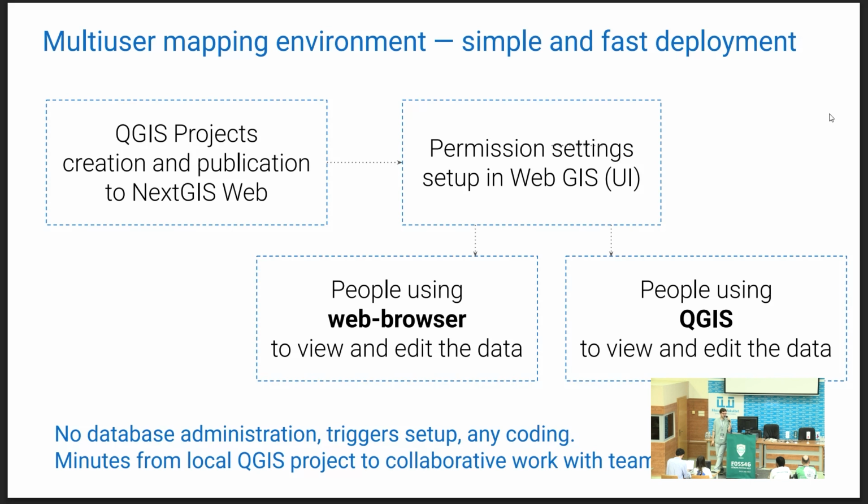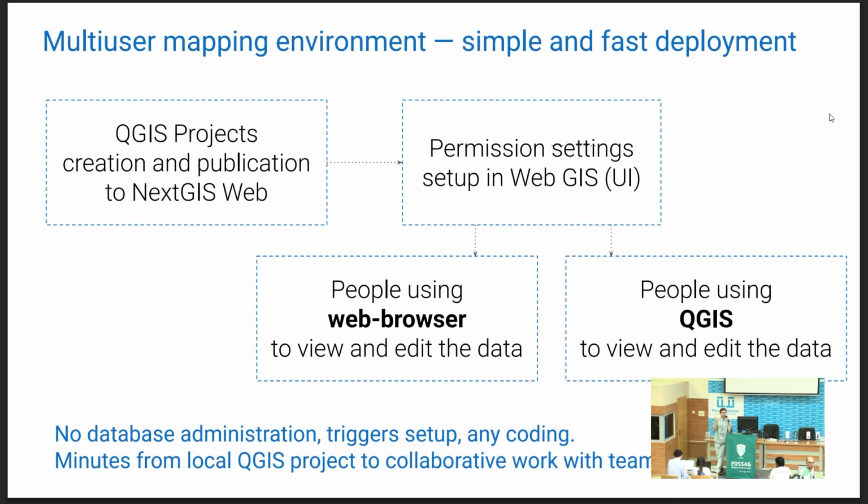So we did it in some way, and how it works now: you have a QGIS project, you simply publish it to NextGIS Web. You can go to the NextGIS Web graphical interface and set up permissions, users, all the stuff, and then people just connect to it and start using this project from web browsers and from QGIS instances without database administration, trigger setup, or any coding.